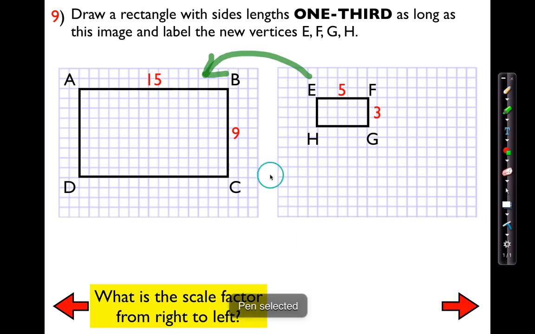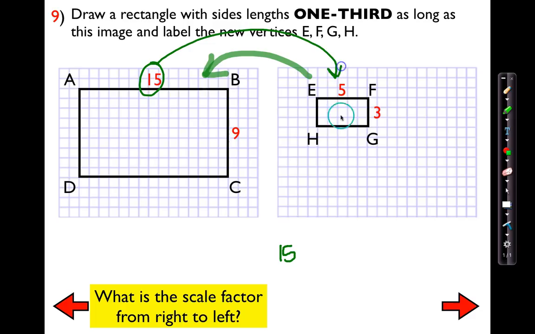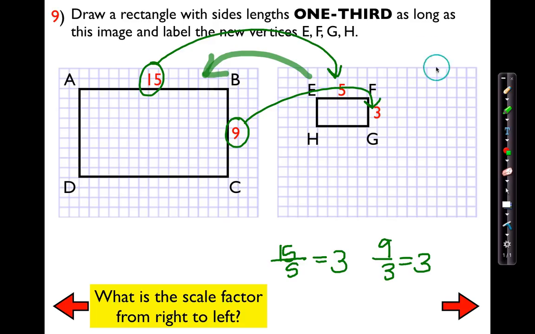So for that reason, when I look at my corresponding sides, I am going to put the larger value on top, which would be 15 corresponds to 5, which ends up being 3, or 9 corresponds to 3, which also turns into 3. Now, some of you may be confused because you might be thinking, wait, they asked us to take 1/3 of it, so why is it 3? Because they specifically asked us to go from right to left.